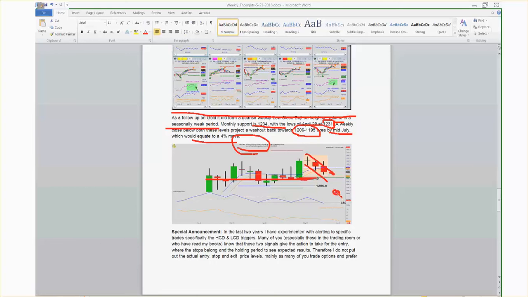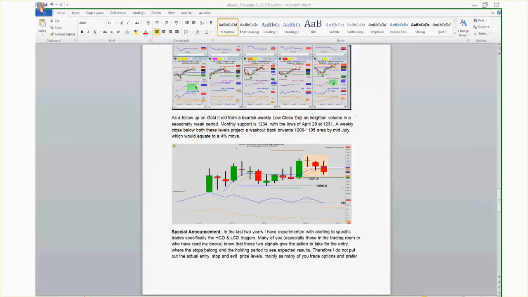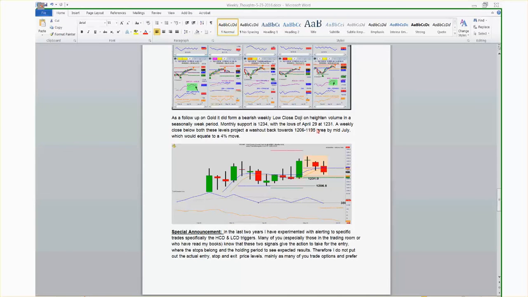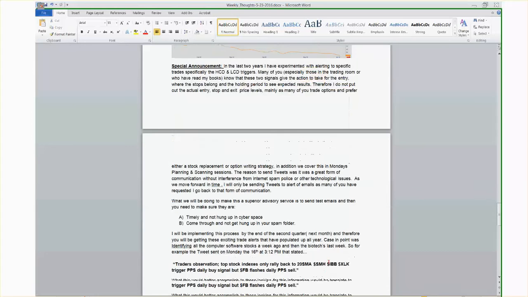That puts you into the 1206 area over time. So if we close below that level on a weekly basis, in the next 6 to 8 weeks or so, I see a market back down to the 1195, 1206 zone. That equates to about another 4% move.